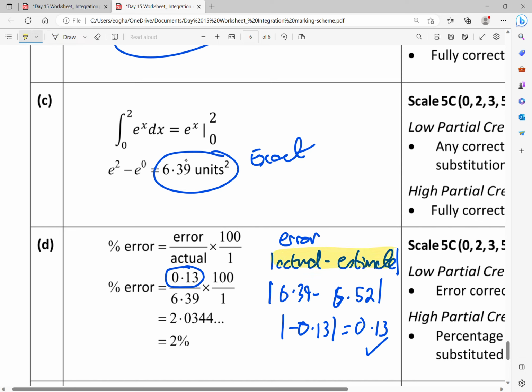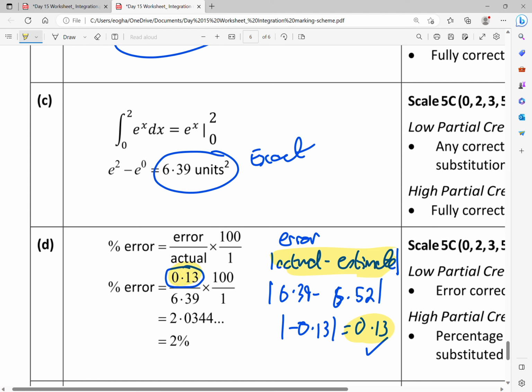Okay, so that's my answer for the error. And it didn't matter if you put these two the other way around. Your error is going to be classified as a positive number, because it's the size of the error we're looking for. So it's error over actual multiplied by 100 over 1. So it ends up being 2%.